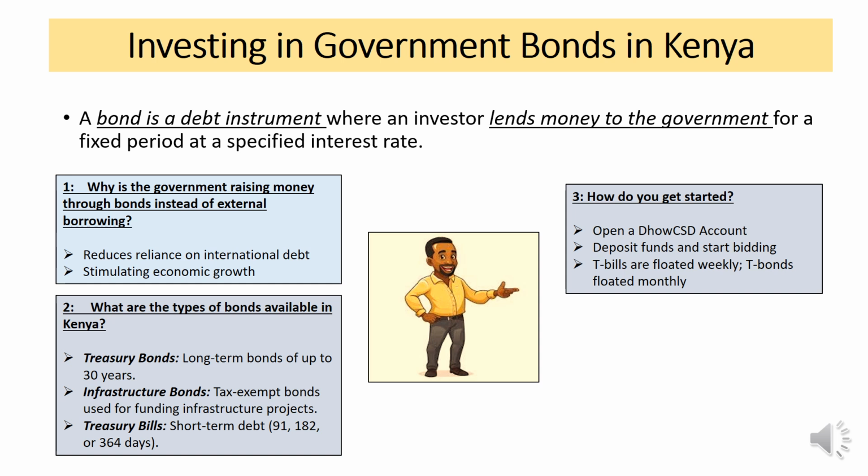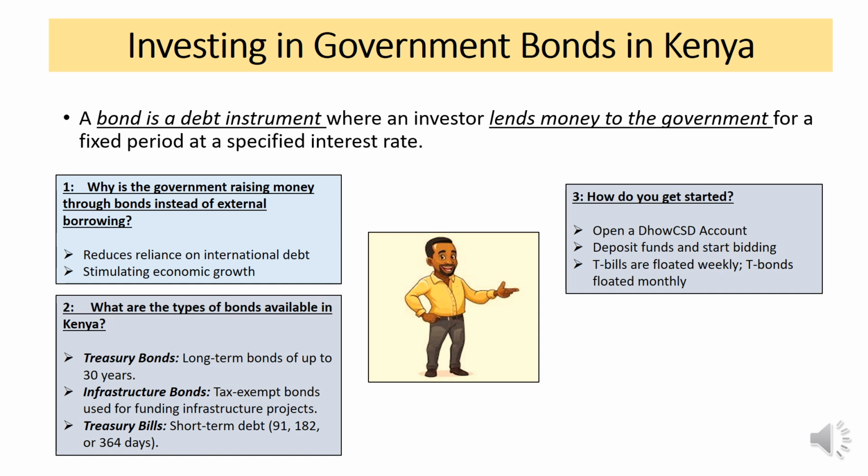If you're using an Android phone or an iPhone, go to your App Store, search DhowCSD, and download the app. If you're using a laptop, just Google DhowCSD and you will find the website. Follow the procedures, create an account, and start participating in investing in government bonds in Kenya.